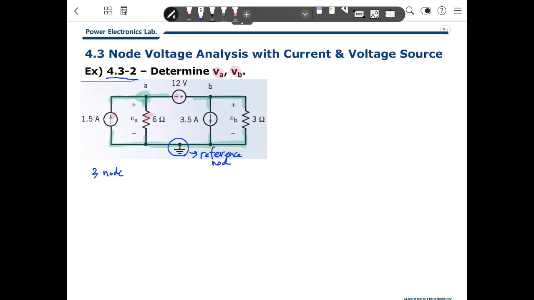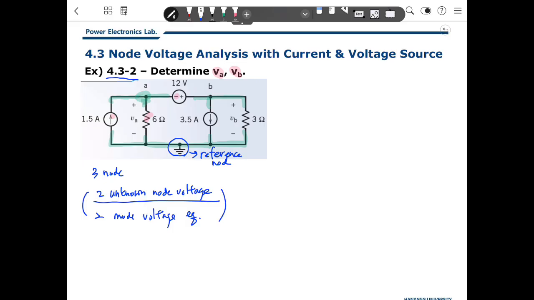So we have 2 unknown node voltages, so we need 2 node voltage equations. This is your target to solve this problem.